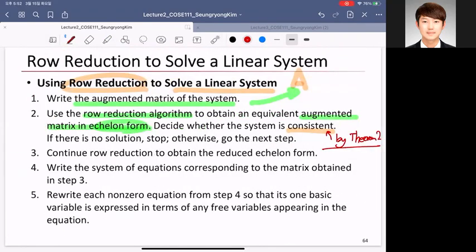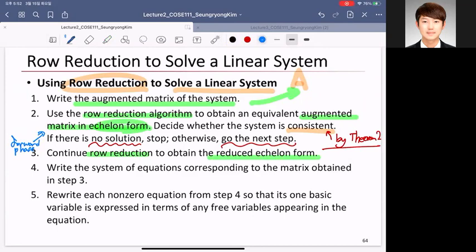If there's no solution, stop. Otherwise, go to the next step. So this step is called the fourth phase of the row reduction algorithm, and then continue row reduction to obtain the REF form.